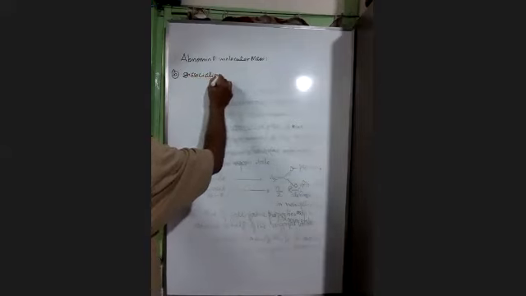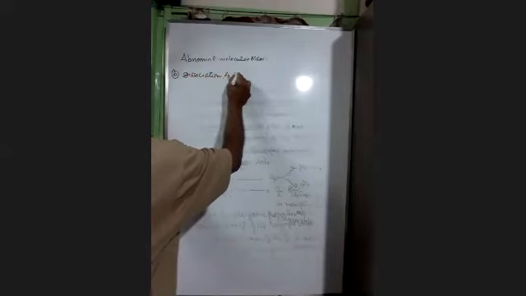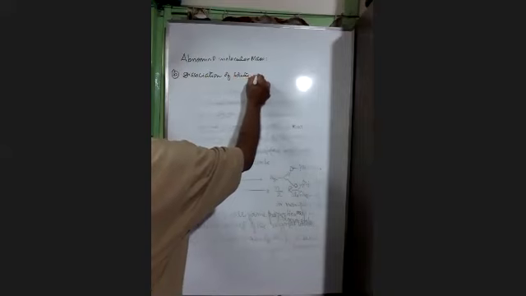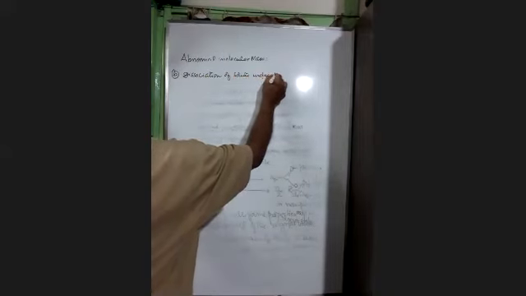Now we'll go for dissociation. See, I can give you an example where 3 molecules were also associated. Okay, I'll not give. Now, the second one is dissociation of solute. So this happens with salt.